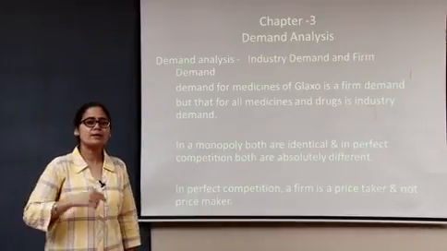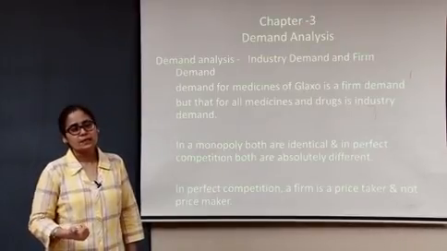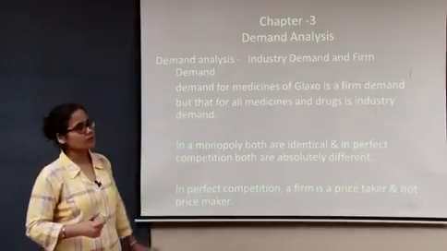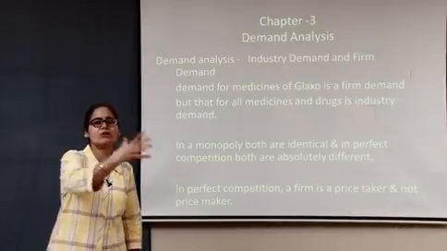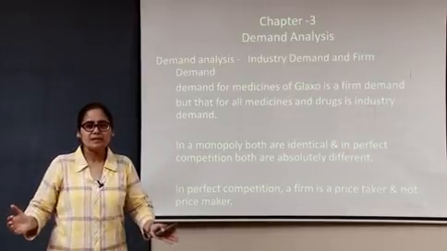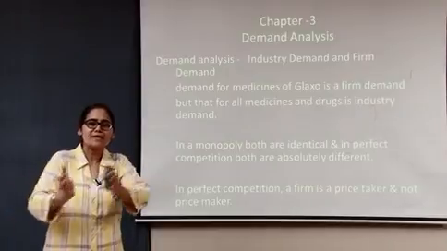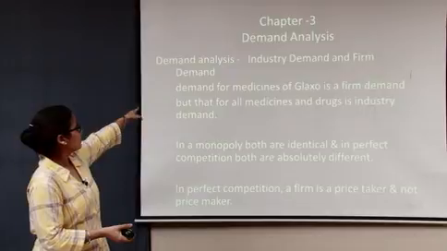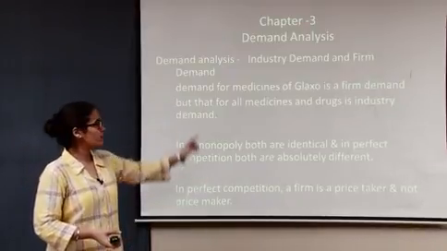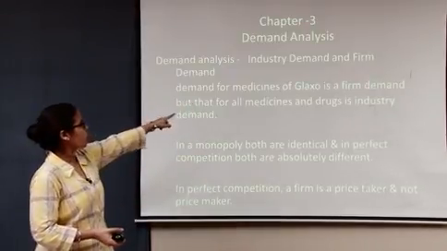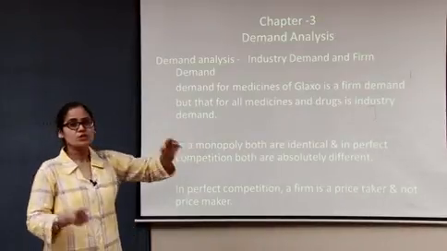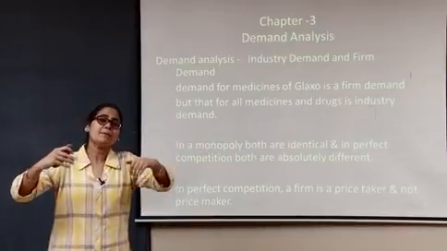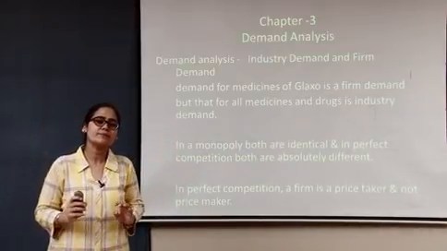Then we have industry demand and firm demand. Now remember students, when you are learning about industry and firm, make it very clear over here, firm is a part of industry. We can say that group of firms together make an industry. Okay, example given here is demand for medicines of Glaxo is a firm demand, but that for all medicines and drugs in industry. So pharmaceutical industry. Now which are the firms which will come under pharmaceutical industry?